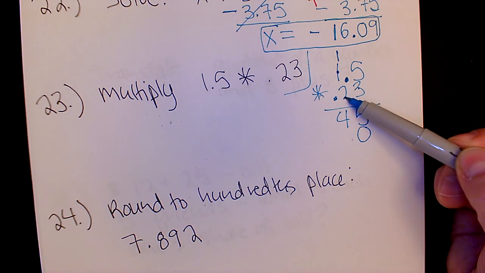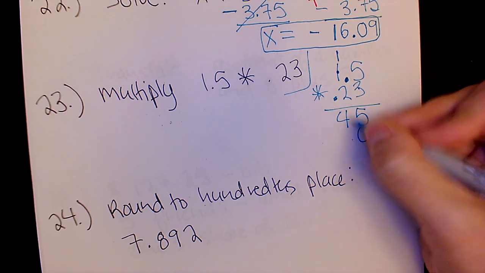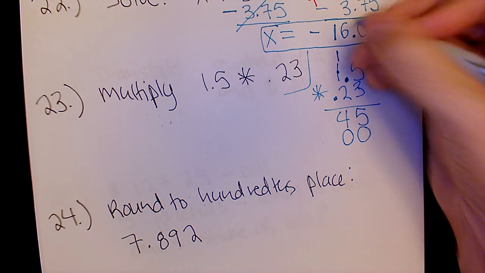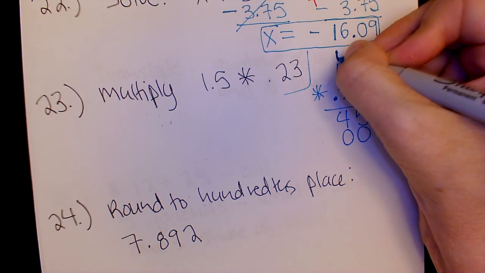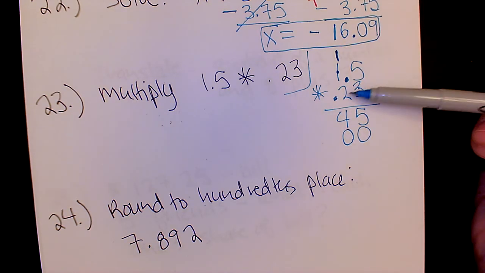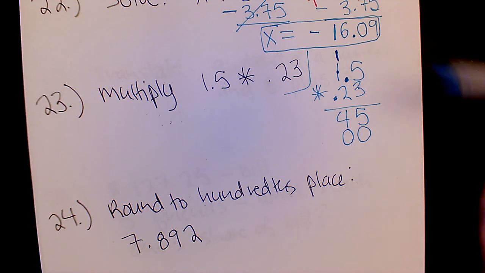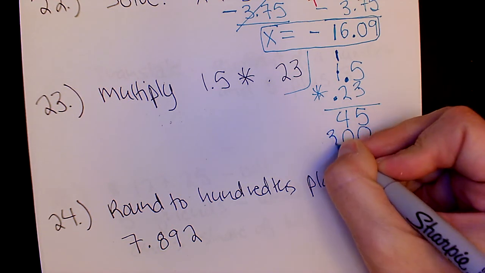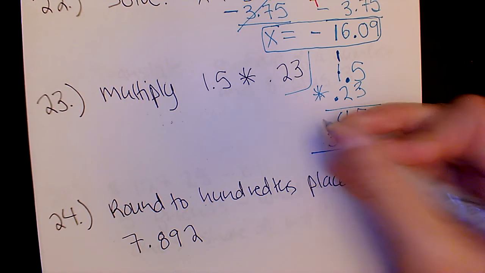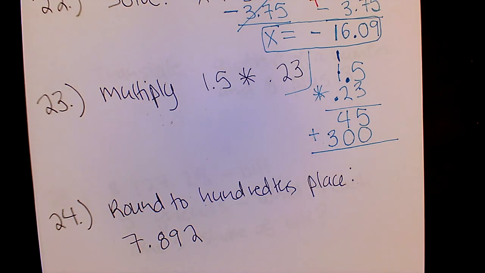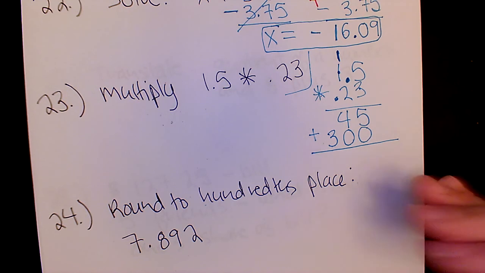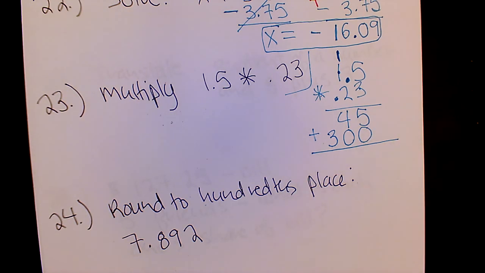So now I'm going to multiply the 2 times 5, and that's 10, and I'm going to carry the 1 again. So 2 times 1 is 2, plus 1 is 3. So my second row is 300, and the first one we came in 1.